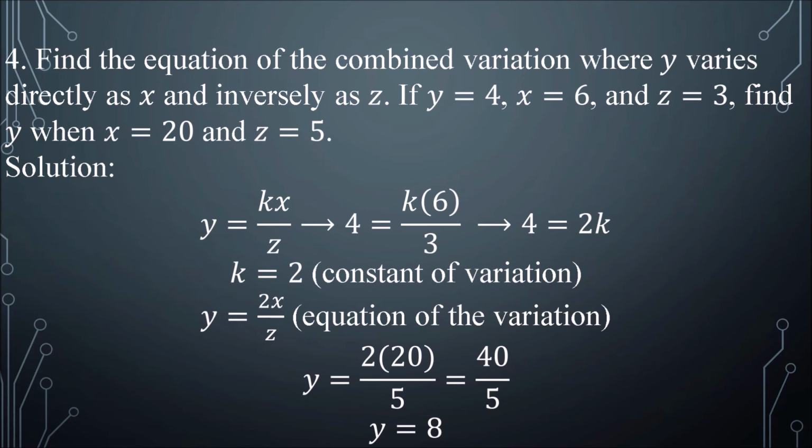So we will substitute 20 to x, so 2 times 20, and z must be substituted by 5, so it will become 2 times 20, 40 over 5, so 40 divided by 5 is 8. So y is equal to 8 when x is equal to 20 and z is equal to 5.